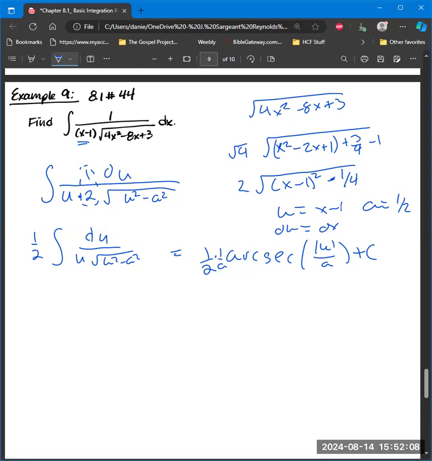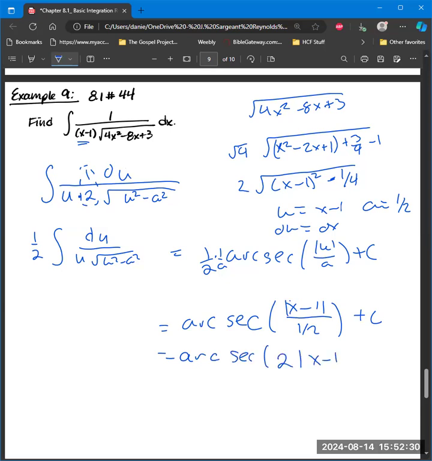So that's just going to make this arcsecant of absolute value of u over a plus c. It's going to make this arcsecant of 2 of these like that.